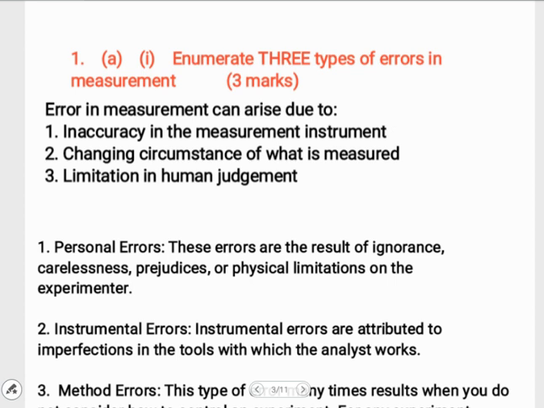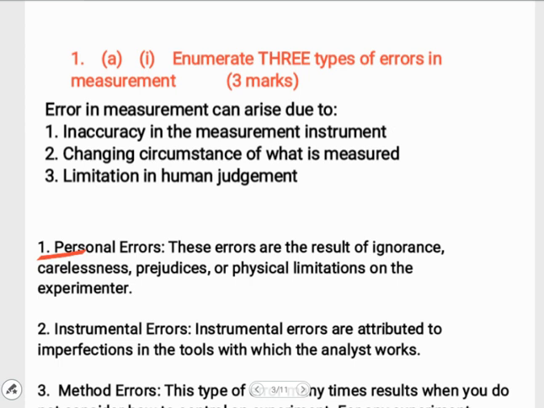From here we can bring out some of the types of errors in measurement. 1, we have the personal errors. The personal errors are the result of ignorance, carelessness, prejudices, or physical limitations on the experimenter.